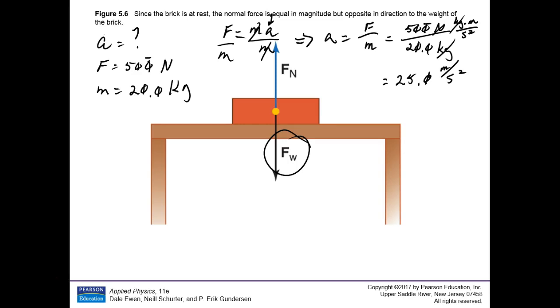Other books I've used have just merely called this little w for weight. Okay? I'll sometimes revert to that. I'll try to always use F sub w. Okay? That's the force due to weight. Others might use, in case you ever see this, F sub g, which is the force due to gravity. That is the weight.